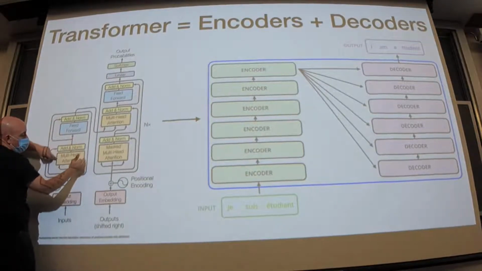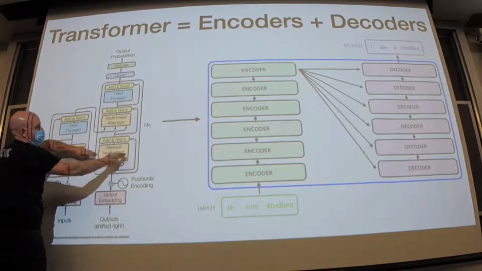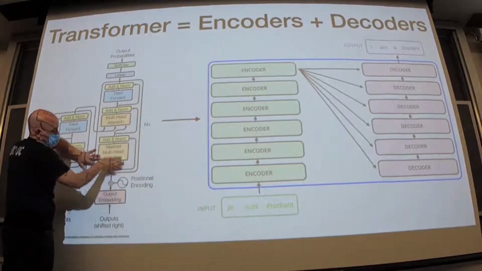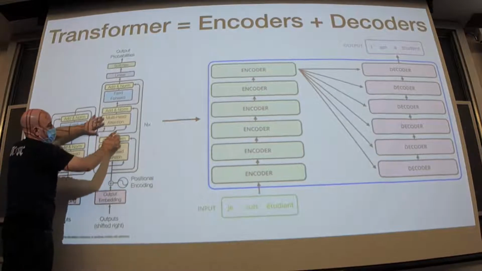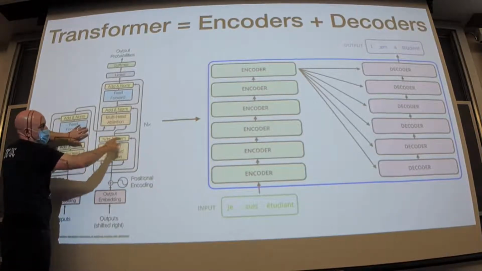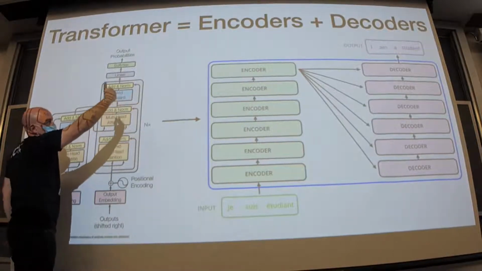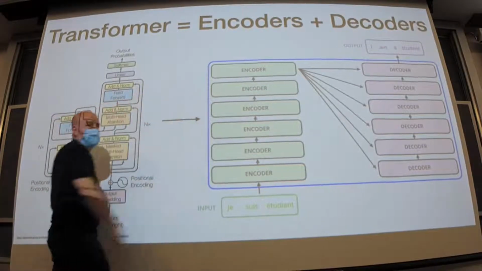But there's only one multi-head attention here in the encoder layer. There's two here. One that deals with just the incoming input, just like this. But the other one is conditioned on the encodings from the final layer of the encoder.